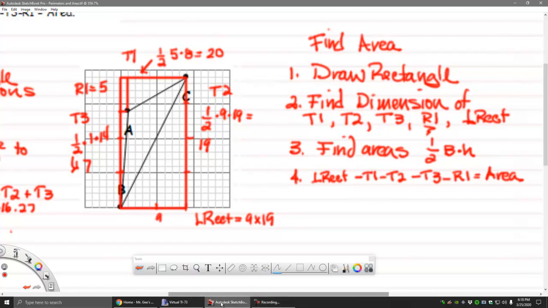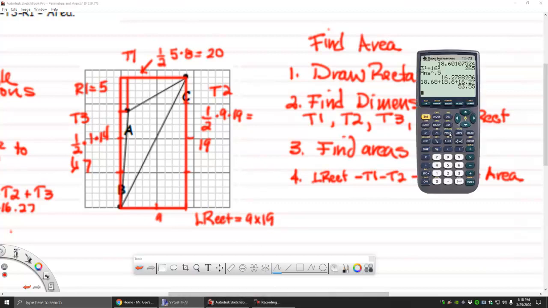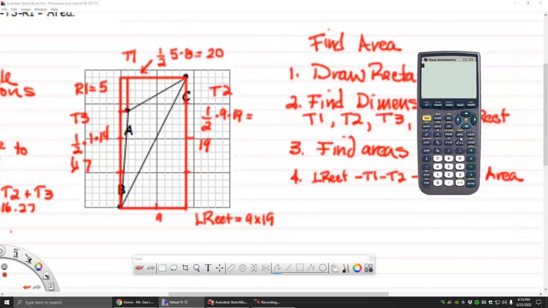Okay, I'm going to go ahead and find the dimensions of all these. Clear this out. So I have 20, I got 9 times 19. That's going to be 171.